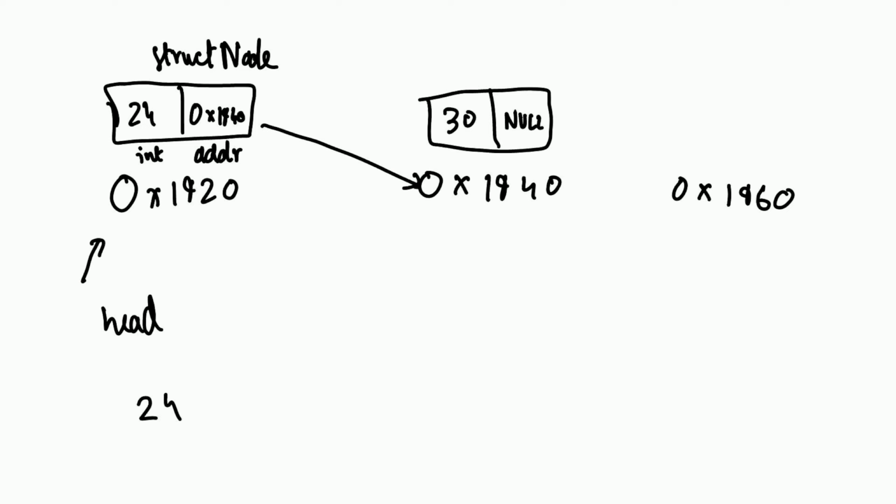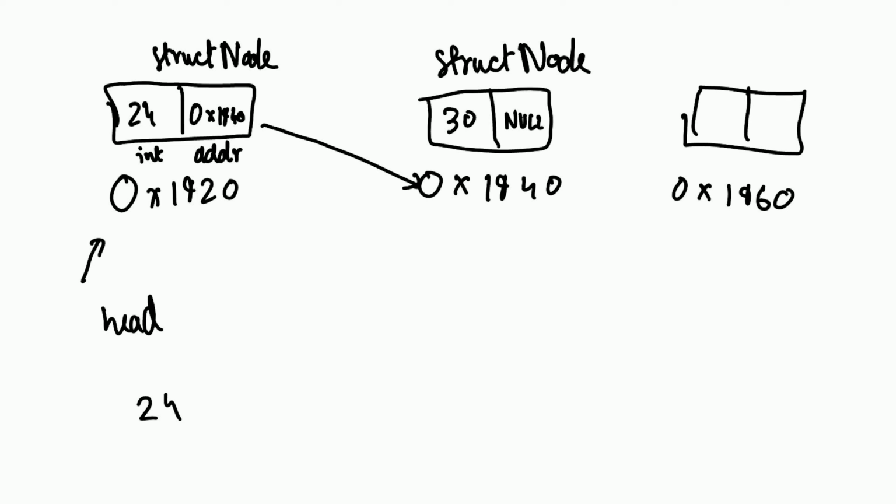When we access this memory, we see we have another structure of type node that we created. Let's say that node got added at 1960, we have 10 over here, and then we have nothing next to it.